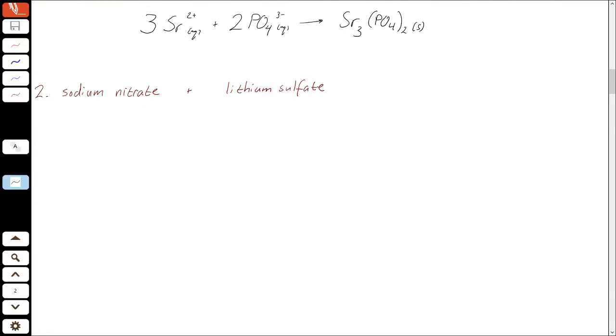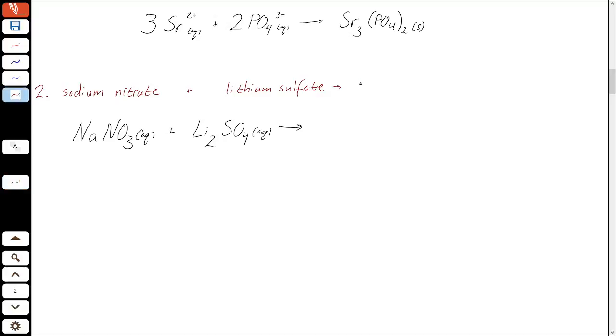All right. So for the next one, as I alluded to earlier, we're going to find something a little bit weird. So let's set it up first. Sodium nitrate, lithium sulfate, and just as before, the first thing we do is switch the cations and anions in a double replacement.